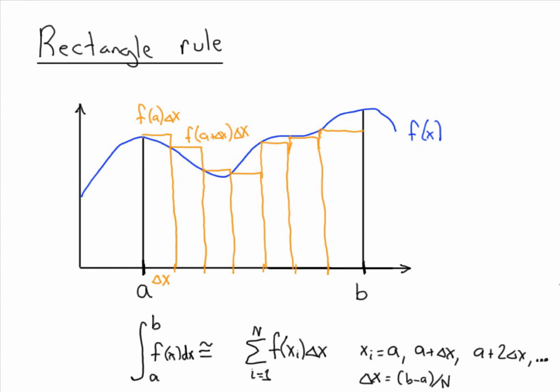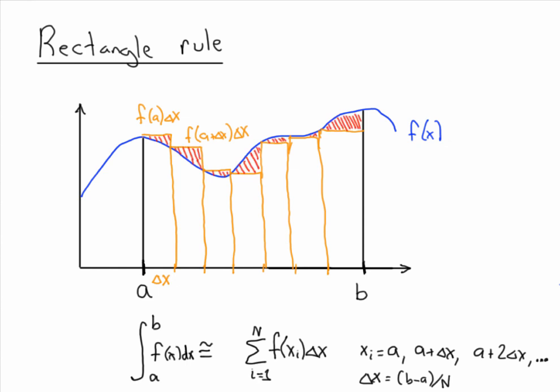And in this case, x sub i is a plus delta x, a plus 2 delta x, and so on and so forth. And delta x itself is b minus a over n. So in other words, it's the width of the interval evenly divided by the number of samples that you're going to take.